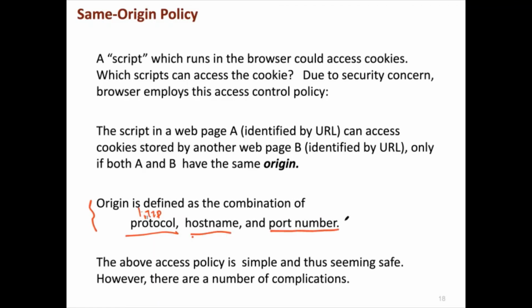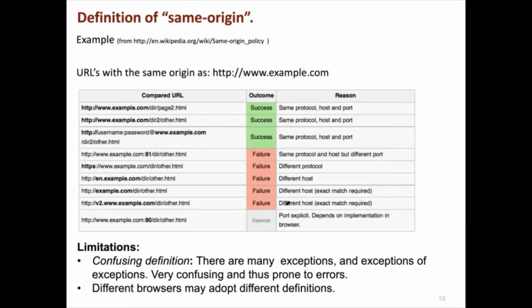However, there are confusing definitions of what is the same origin. For example, let's look at these two. These two are actually in the same origin. They have the same protocol, domain name, and the port number is usually 80.